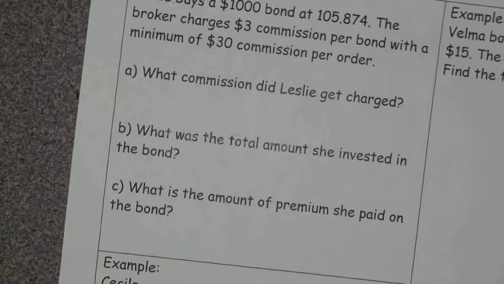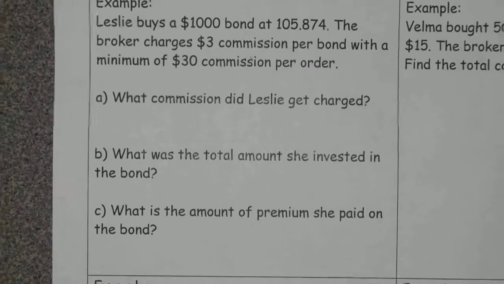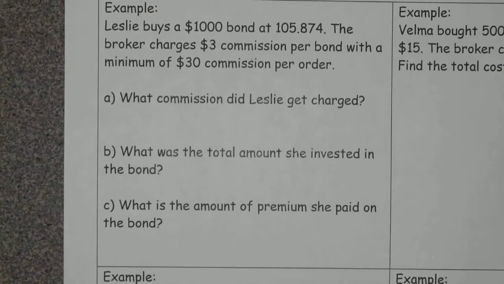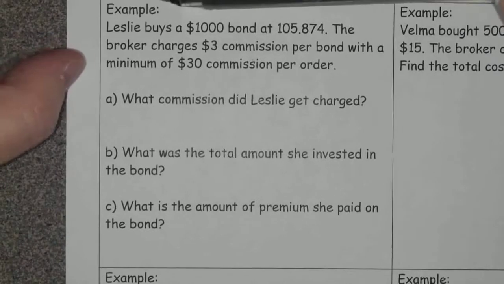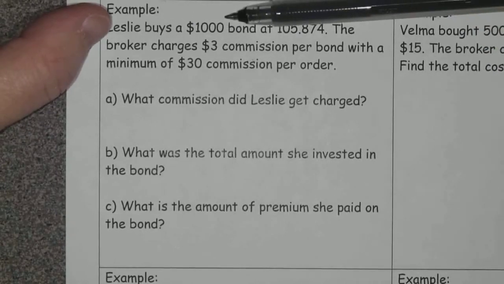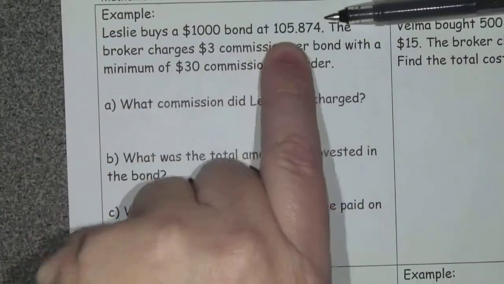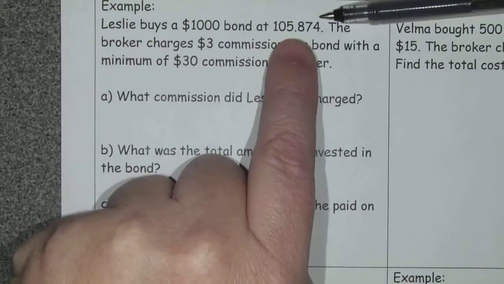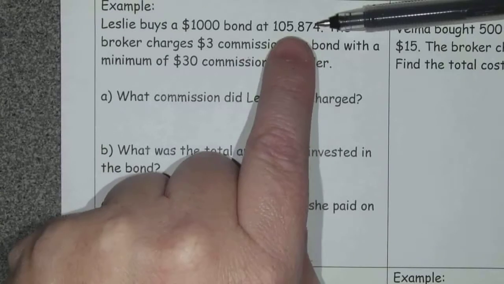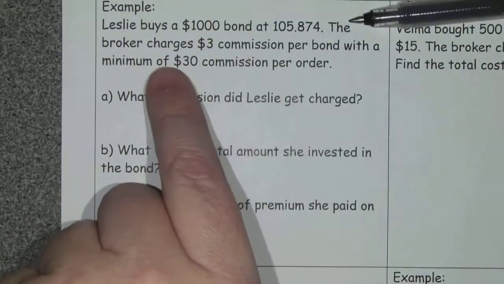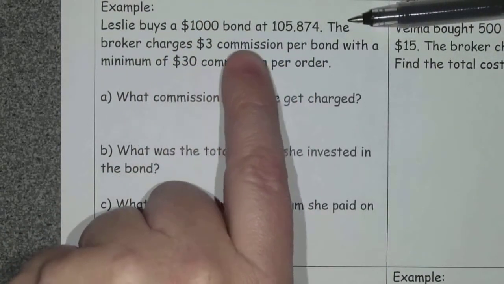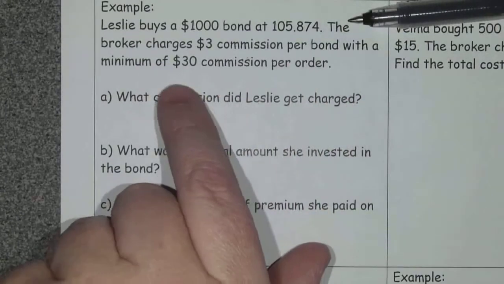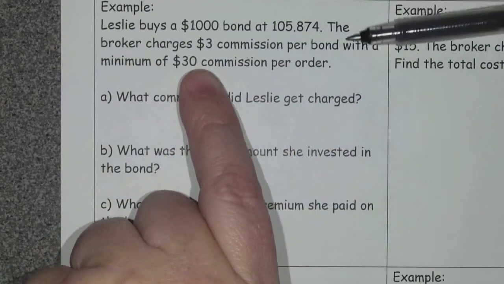All right, a few more examples on the back, but again, it's not super hard. Just watch your decimal points and stuff. So Leslie buys a $1,000 bond at 105.874. We already know this is a premium. That means she paid more than its face value for it. The broker charged $3 commission per bond with a minimum of $30 commission per order.